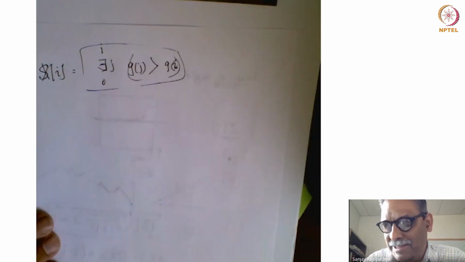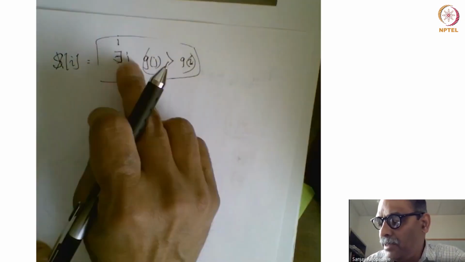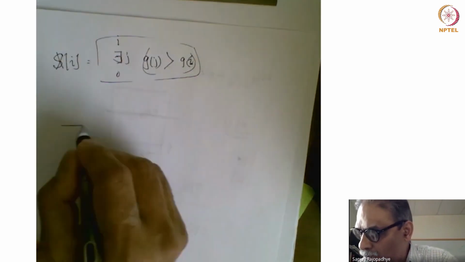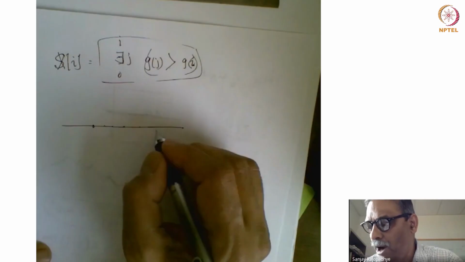I have a range of points, and at each point there is some function g, and here is g of i.